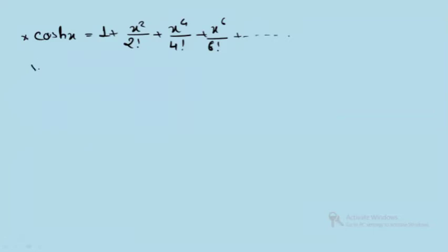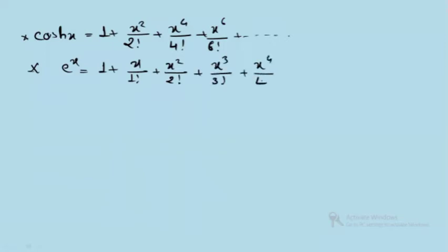Now you see, you can also expand e to the power x and you can write it as 1 plus x by factorial 1 plus x square by factorial 2 plus x cube by factorial 3 plus x to the power 4 by factorial 4 and so on. The way you have written e to the power x, you can write e to the power minus x also, right?